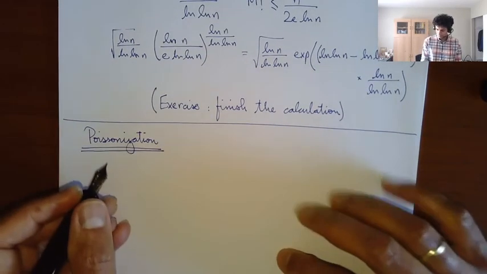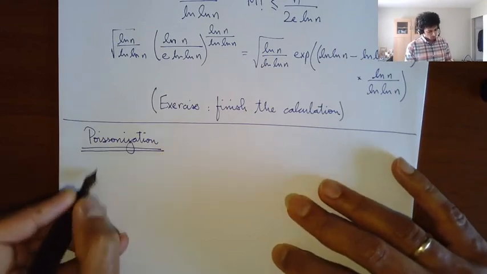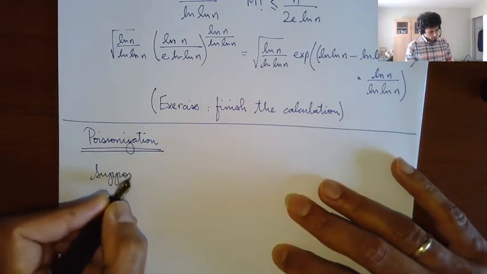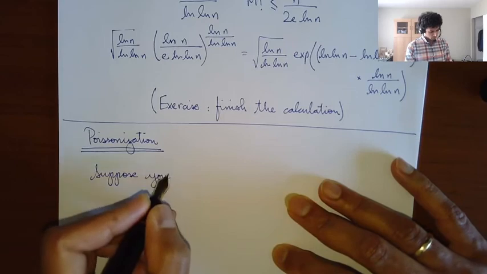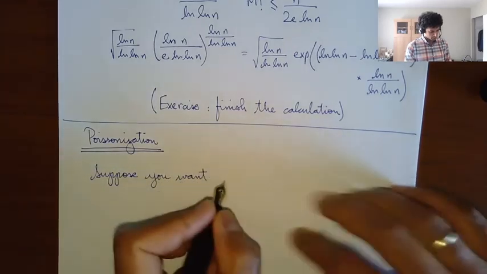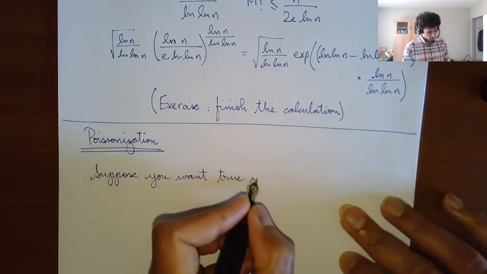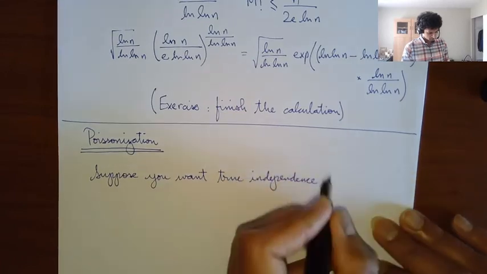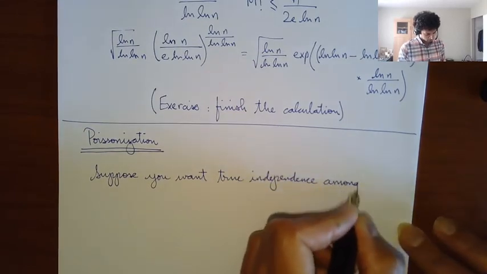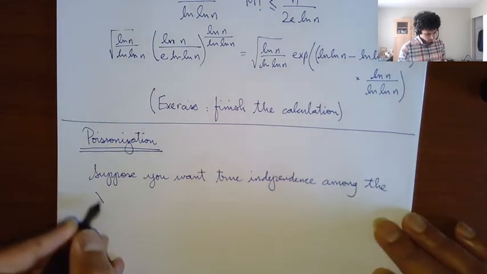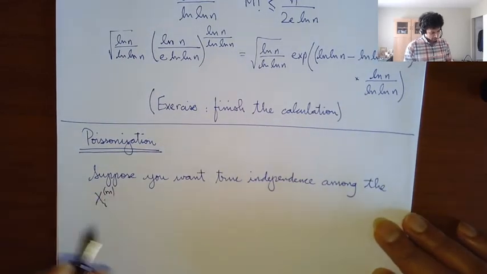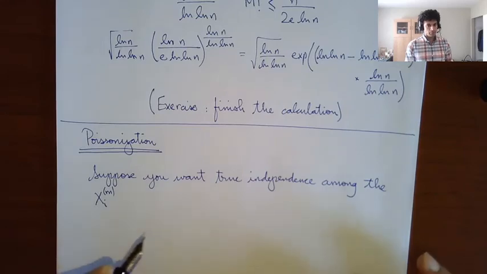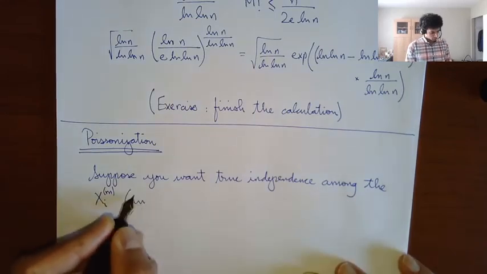So suppose you wanted true independence among the X_i's, which is in the balls and bins setting.